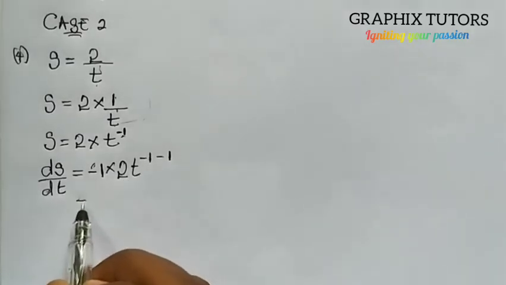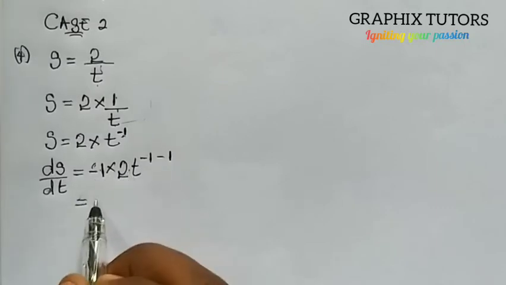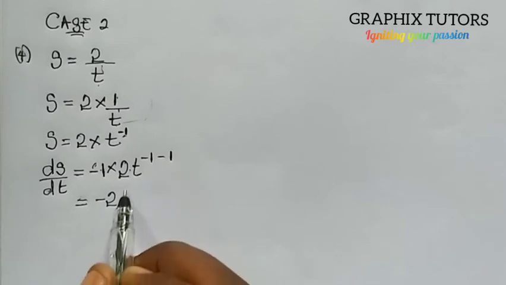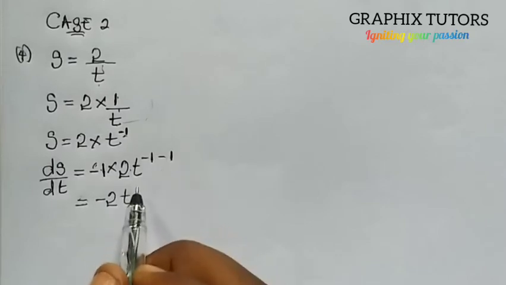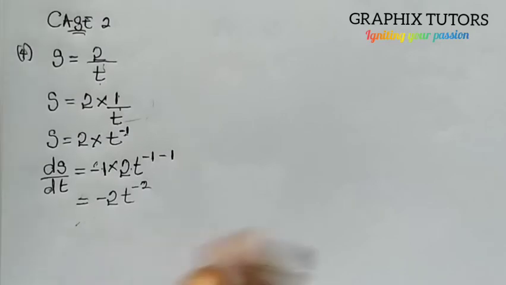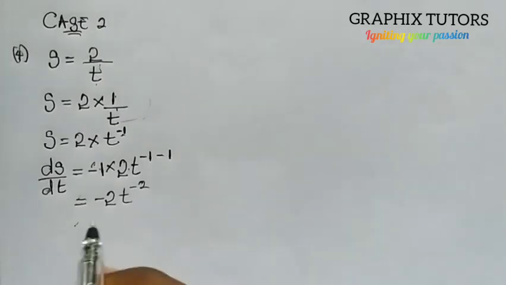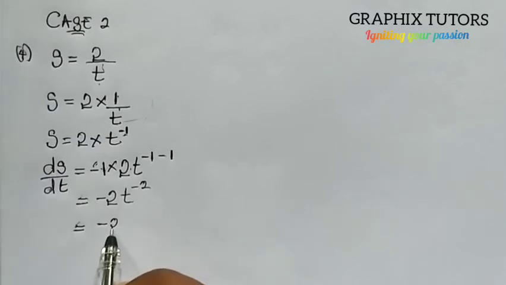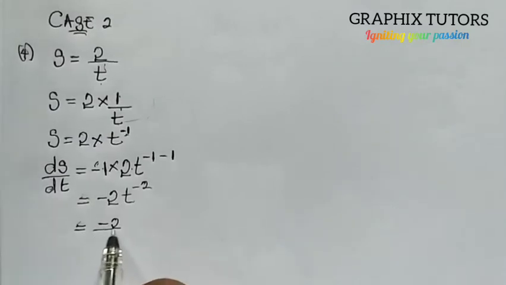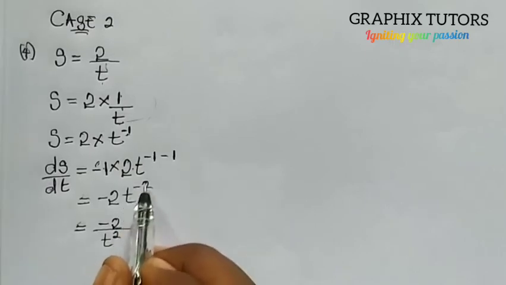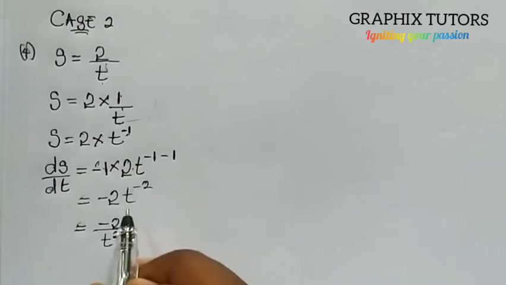So this will now give me minus 1 times 2 gives you minus 2, then t minus 1 will give you minus 2. So this will now give me minus 2 all over t squared. Once this t raised to power minus 2 is coming down, the minus will disappear.